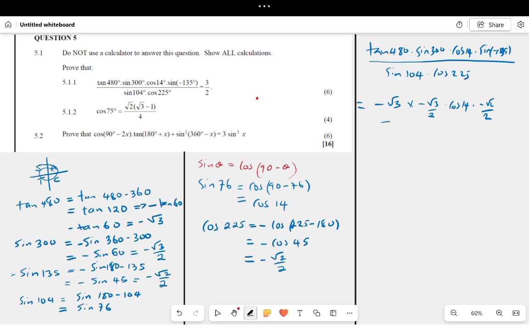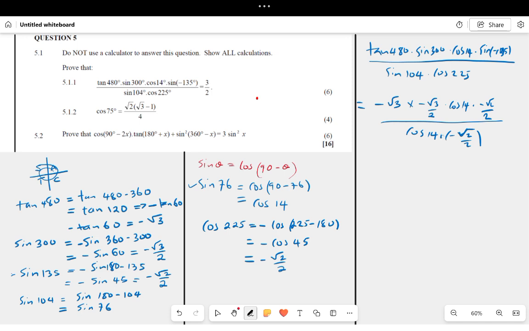Everything here we are going to divide by sine 104, which we found is cosine 14, multiplied by cosine 225, which is negative the square root of 2 over 2.